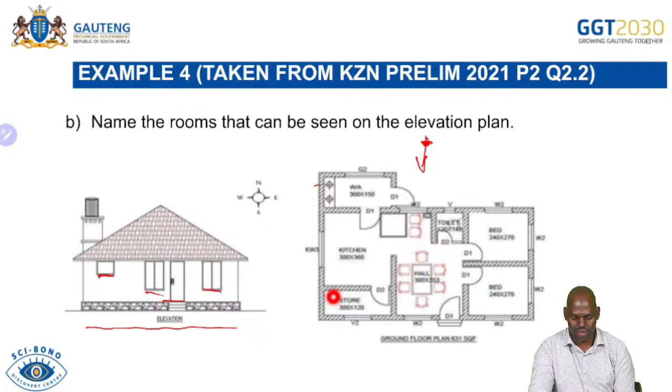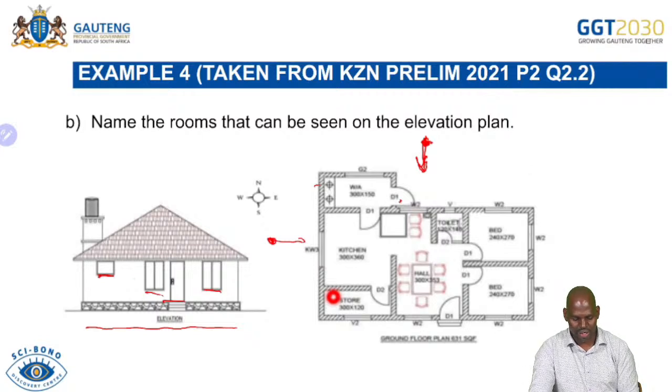So this side cannot represent the elevation plan. Then on this side, if you're standing there looking at the wall, you'll only see 1 window. So obviously this side cannot represent the elevation plan.